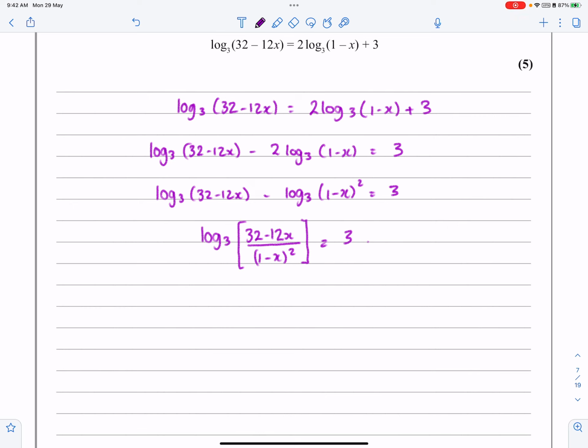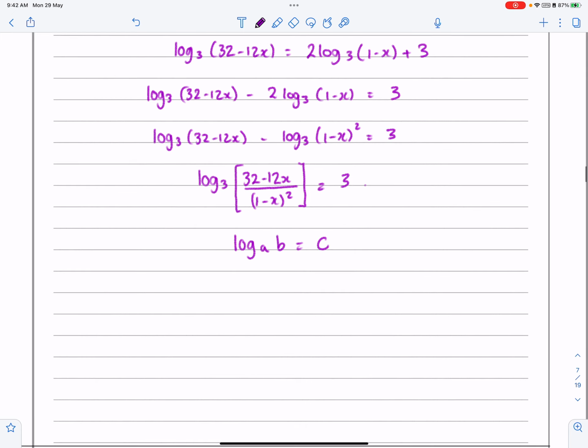Why do I want to do that? Because there's another log rule, isn't there, which says log to the base a of b equals c. If I start off with that statement, I can turn it into a power statement. When I'm trying to work this out, as a quick memory thing for myself, one of the things I say is that a logarithm is actually a power. So that bit must be a power.